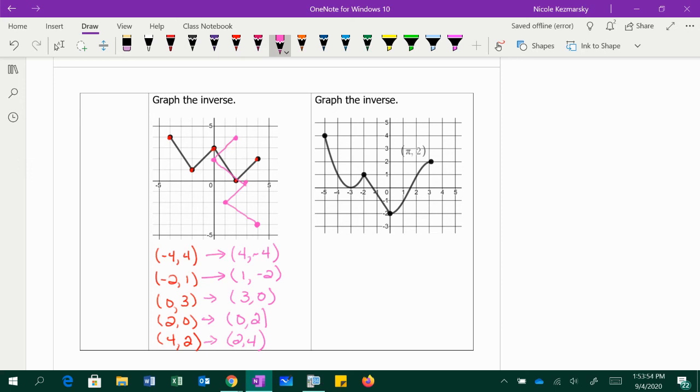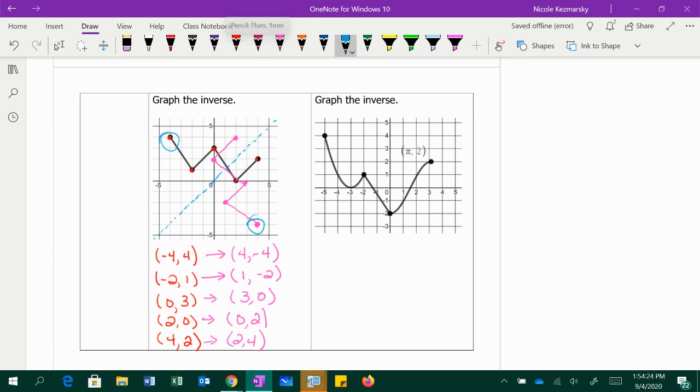And what you should be able to see is that if you fold this page, I'm going to draw in the line of symmetry along the line y equals x, that you have mirror images on either side. So you can see the point out here maps to the point over here. It's symmetrical, the same distance from the line y equals x.